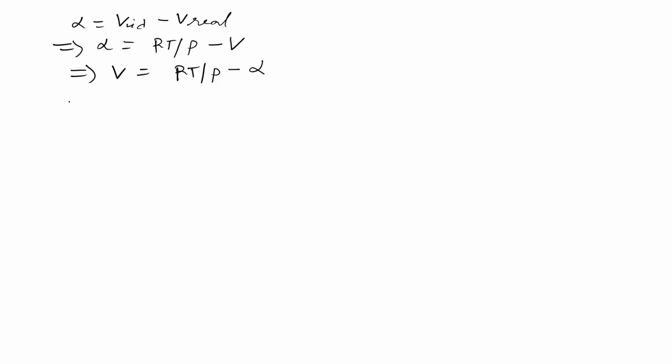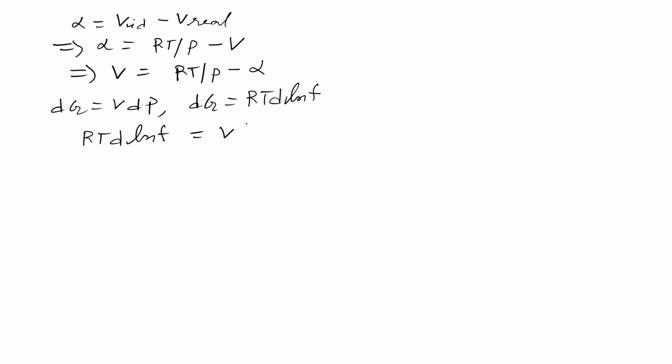Now we have seen that dG is equal to VdP, and again dG is equal to RT d ln F. So we can equate these two. Therefore, RT d ln F is equal to V dP.